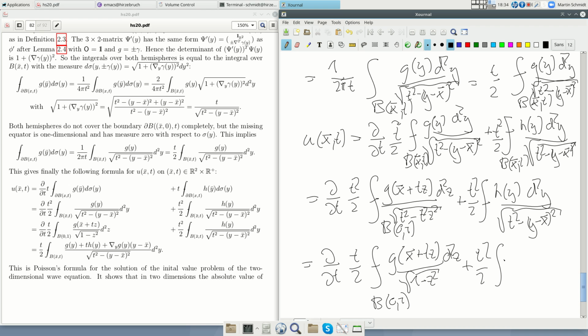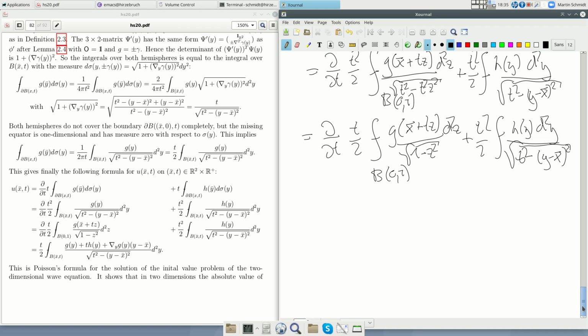Of course, mean value of h of y d y over the square root of t square minus y minus x bar square. Okay, now we can do the calculation. Now we do the derivative.